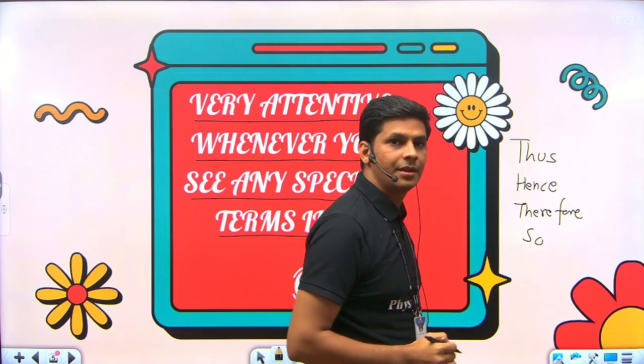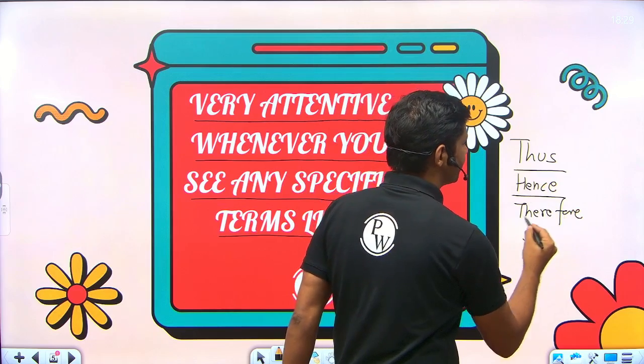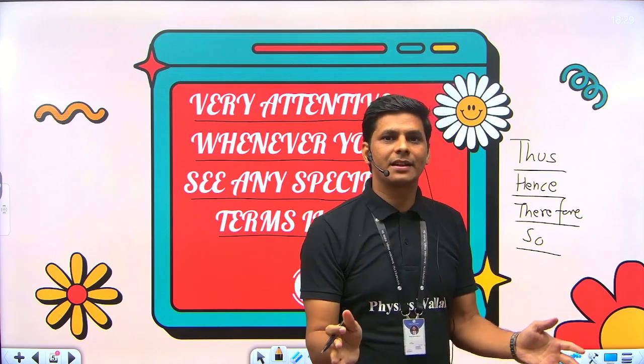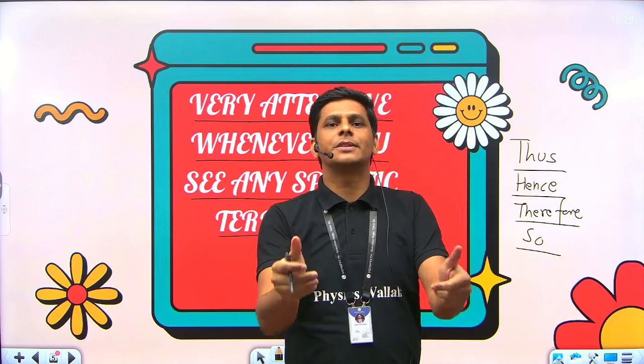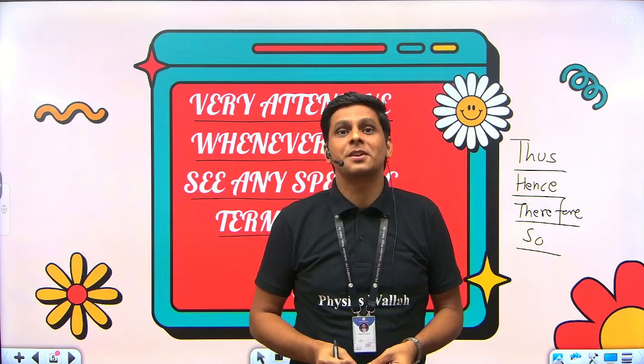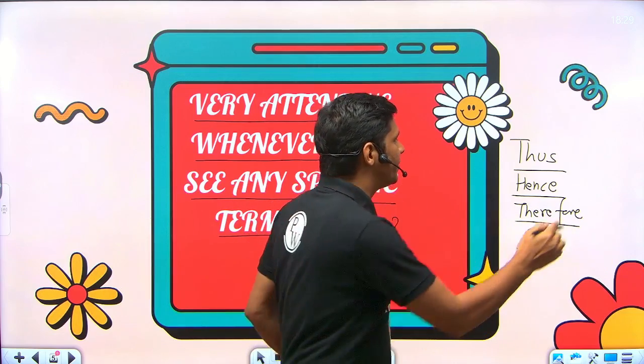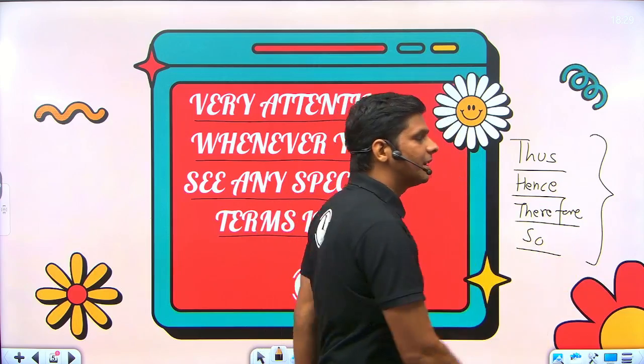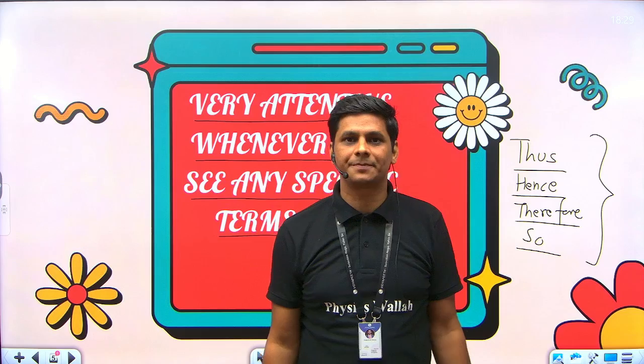So whenever you notice such terms, it means that paragraph is trying to give you a conclusive statement. That paragraph is giving a consolidation report, right? You have to be very, very attentive the moment you get to know such terms.